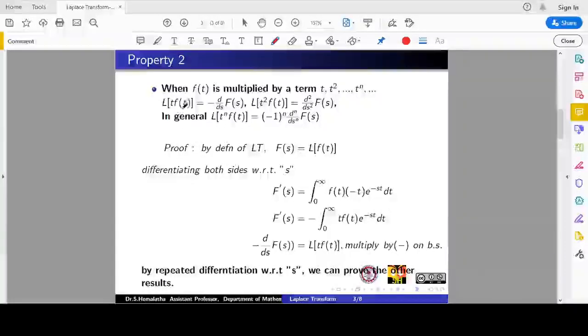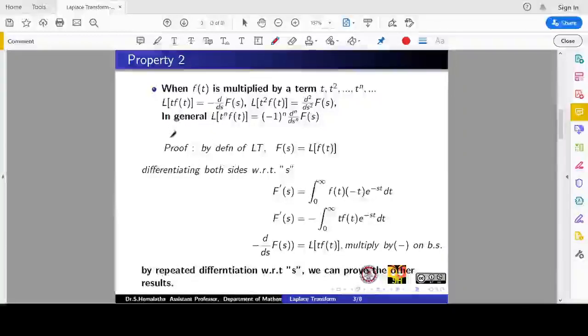You need not go ahead with the original version again. We observe that everywhere you find only the Laplace of the function that is needed, and then go on with a bit of change here and there. Now this can also be dealt with for t square, t power n. I'll come to that later.